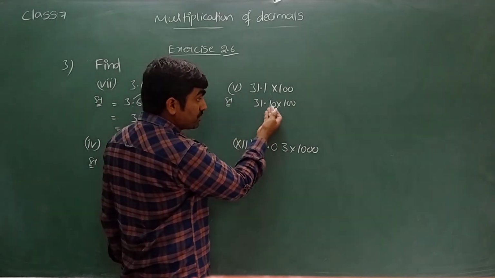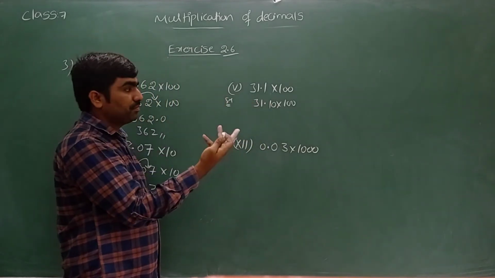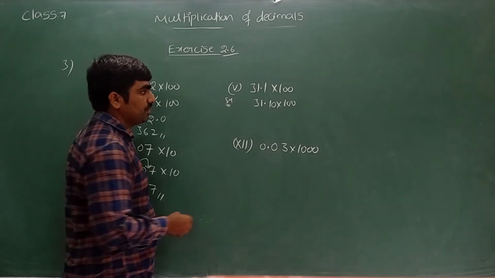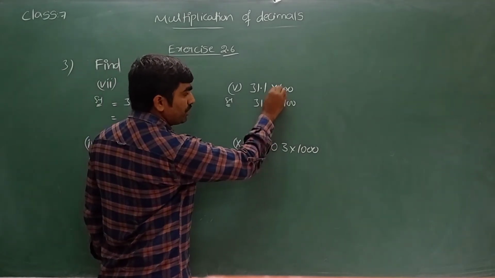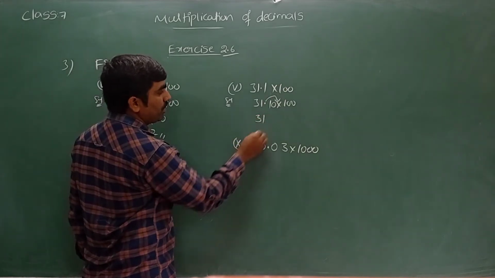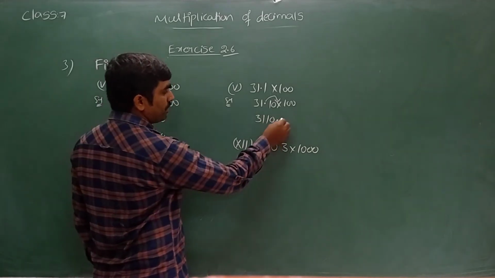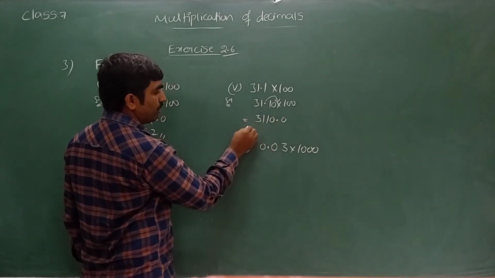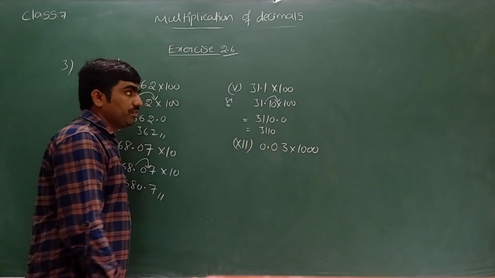By keeping zeros in the decimal part, the value doesn't change. Now we have 2 zeros, so after 2 digits we can write 3110.0. If there is no decimal part, you can write 0, or else you can simply write 3110 also. That is how you can multiply.